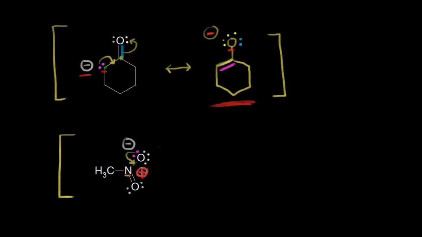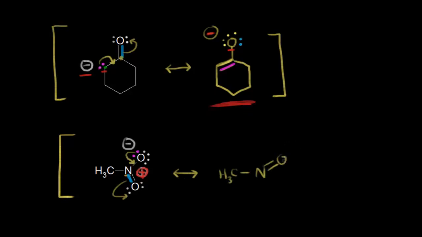That would give us 5 bonds to that nitrogen, which we know doesn't happen because of nitrogen's position on the periodic table. So that means that the electrons in this pi bond here are going to come off onto the oxygen. So these electrons in blue come off onto this oxygen. We draw our other resonance structure for nitromethane. So we have a CH3. We now have a double bond between the nitrogen and this oxygen.